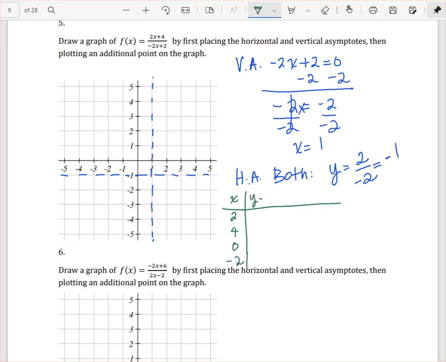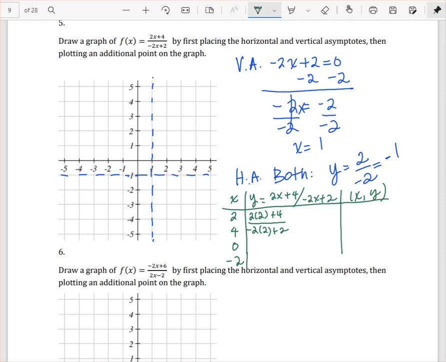Now you are going to plug them into the original fraction to get your point. So for example, I'm going to put the 2, it will be 2 plus 4 divided by -2, like that.